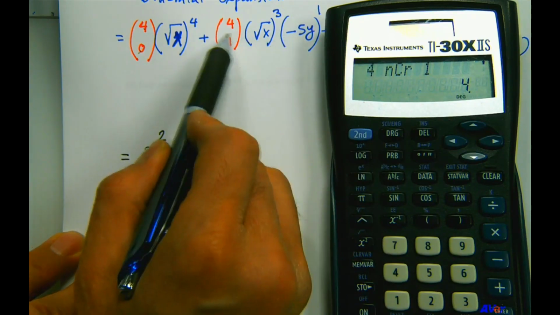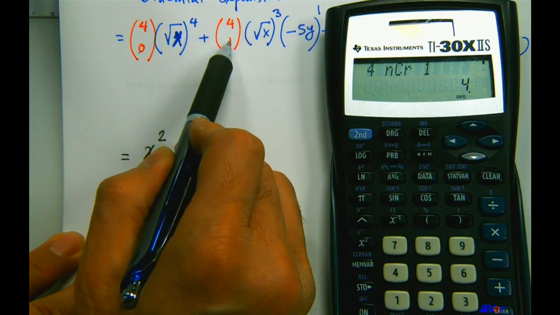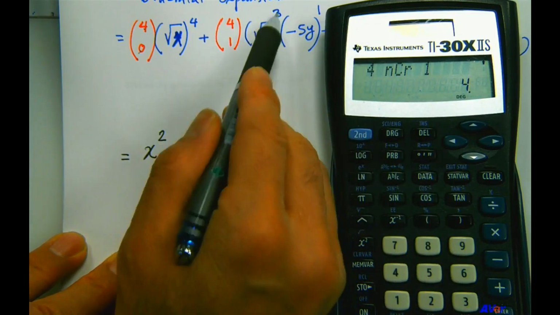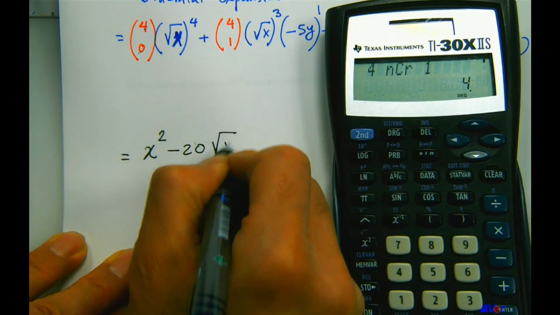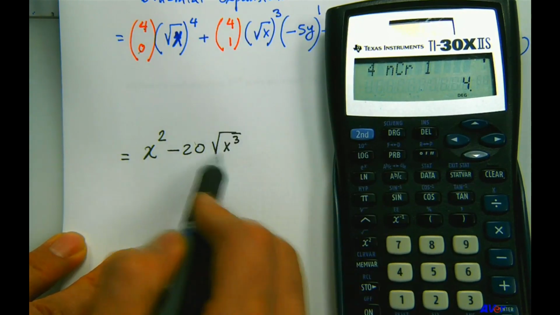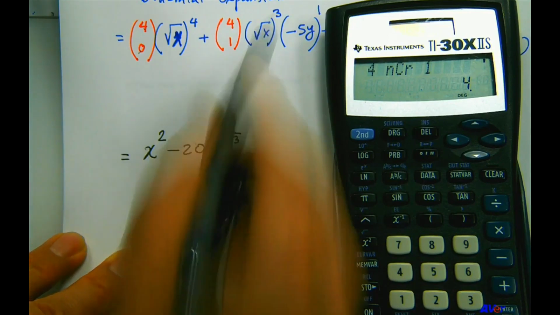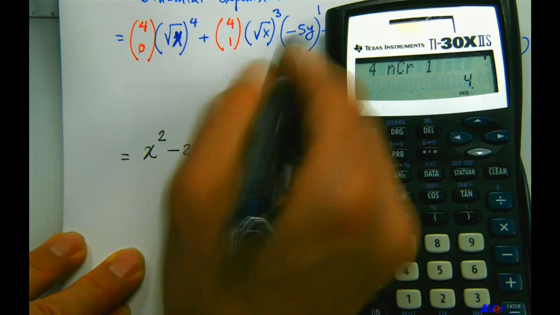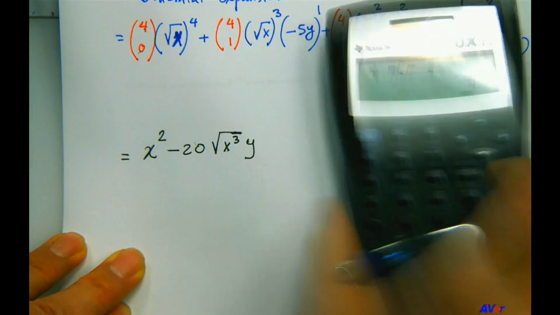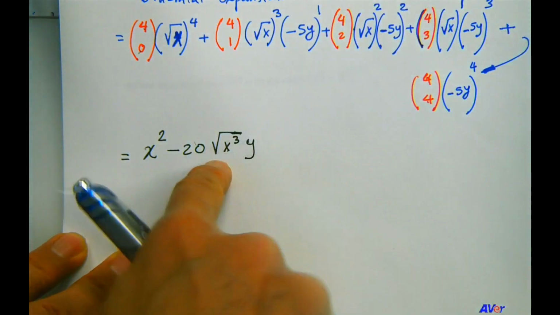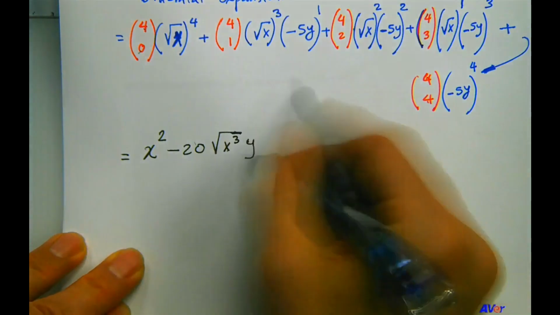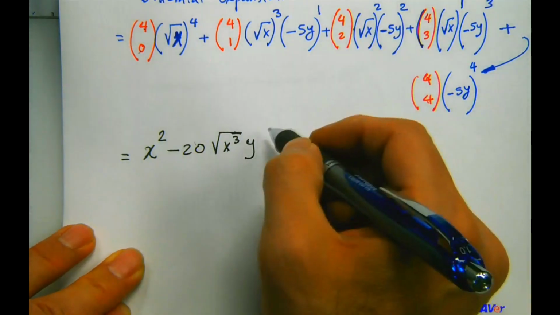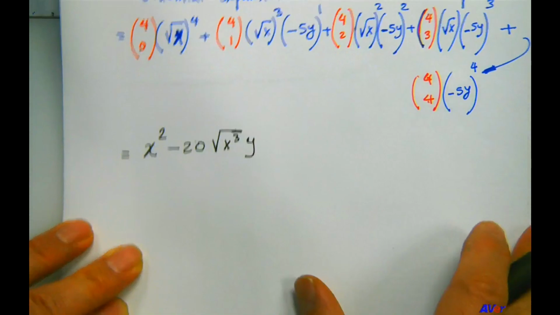So minus 5 times 4 is minus 20, minus 20 square root of x cubed, times y. The y is outside of the radical, right there. We can simplify this a little more. I will do that in the next step. I didn't want to combine both steps in one. I think that way it'll be more clear as you go through this.